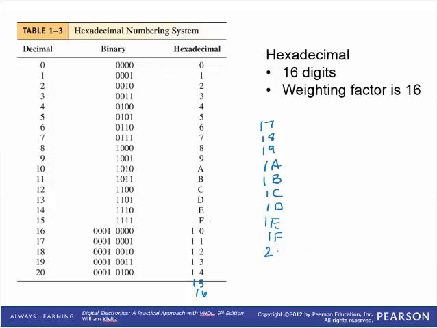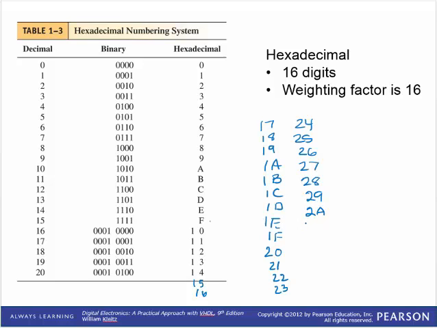So now it's 2, 0, 2, 1, 2, 2, 2, 3. I'm going to continue. 2, 4, 2, 5, 2, 6, 2, 7. It's not 2, 10. It's 2, 7, 2, 8, 2, 9. It's not 3, 0 that's next.